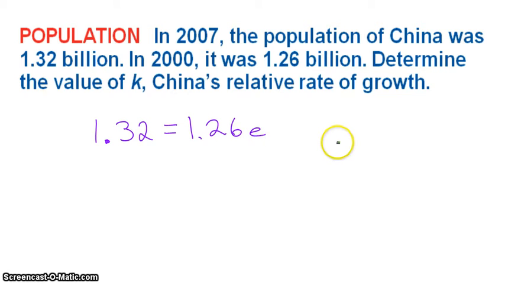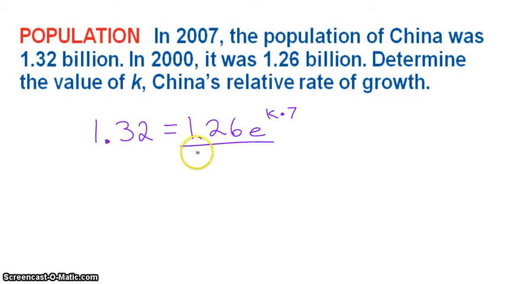Don't forget your e. We don't know our k, that's what we're looking for. Our time, however, is 7, because it's from 2000 to 2007, that is 7 years. We know that it is going to be a positive k value simply because it's talking about a growth. We went from 1.26 to 1.32 instead of the other way around.